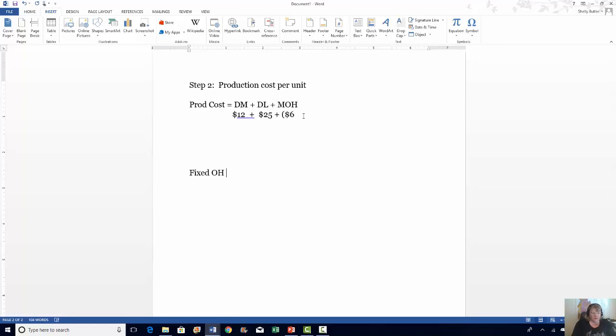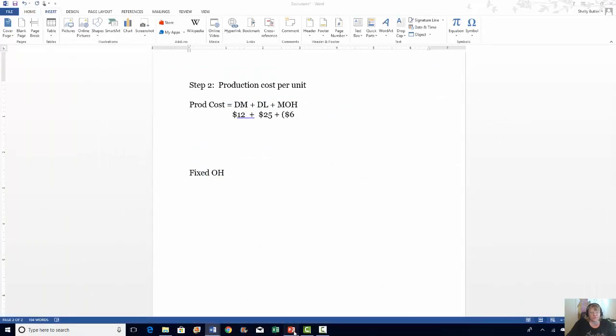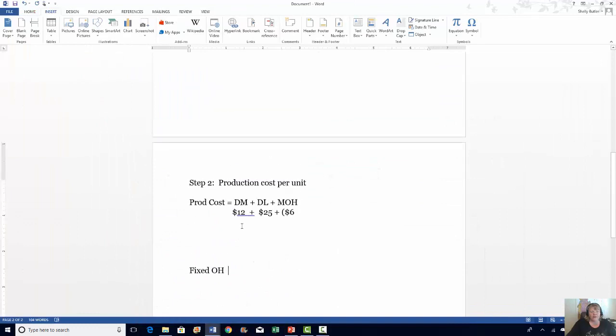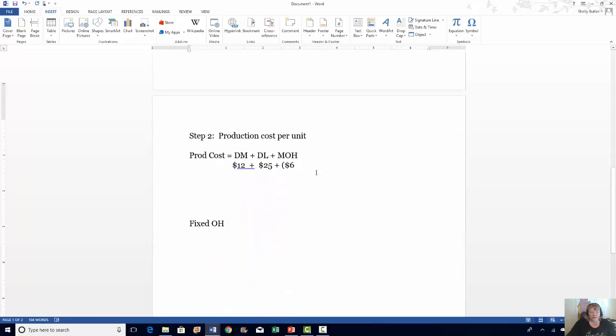overhead. And back to the PowerPoint, we have $45,000 in fixed manufacturing overhead. Okay, and we want to make sure that we divide those equally between the items that we're going to sell.